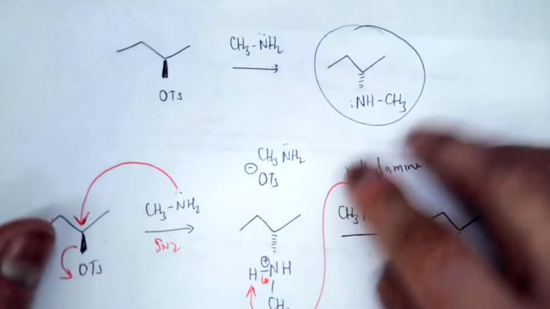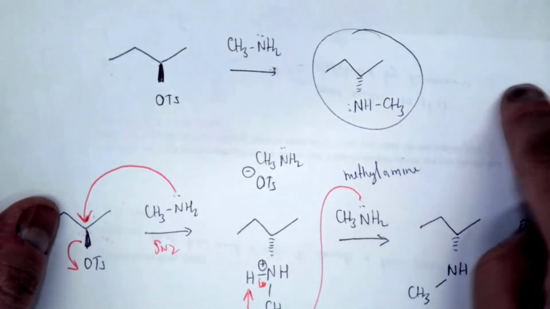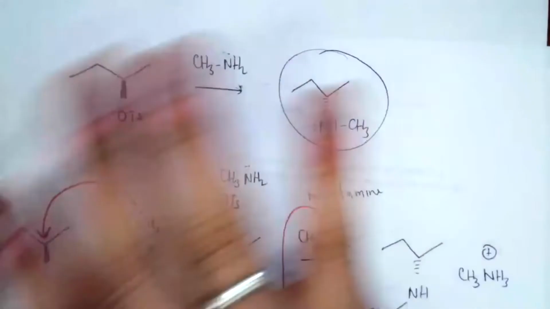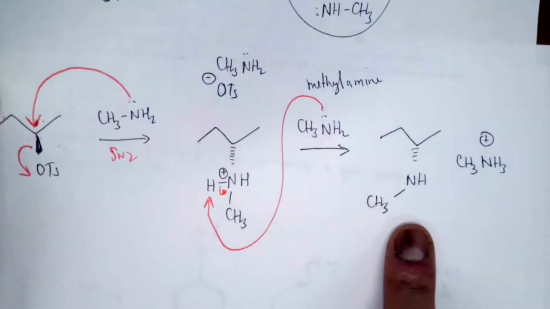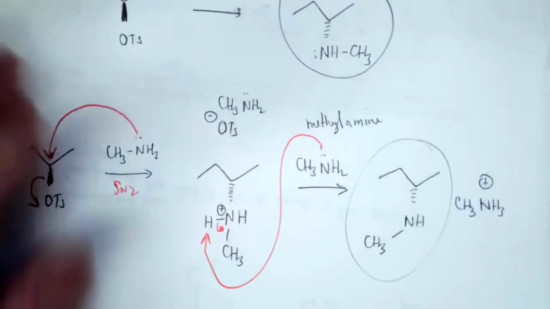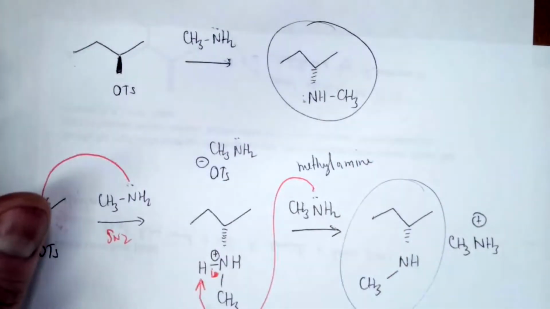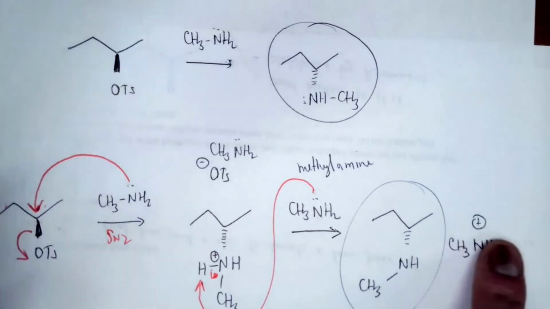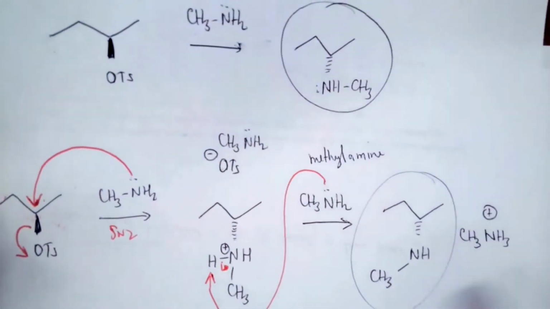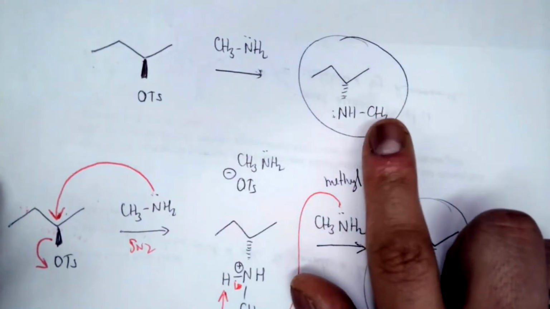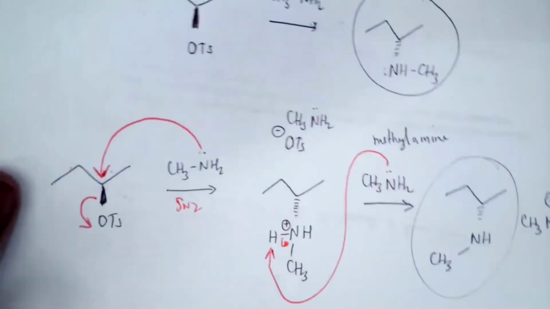We don't really need the small details. As long as you produce that one, which is the main compound, that's enough. That's what you need for your mechanism. Okay, I made it. Yes, I'm done with the mechanism because I made what I was asked for. So don't worry about these small molecules that were not listed, you can just produce them. And that is my main product. Okay, so that would be the mechanism.